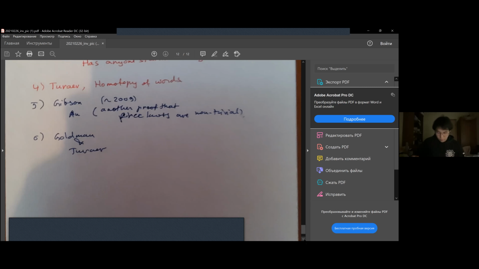And roughly speaking, odd ones are those which are homotopically trivial. Homotopically, yes. So it's not homology, but homotopy.